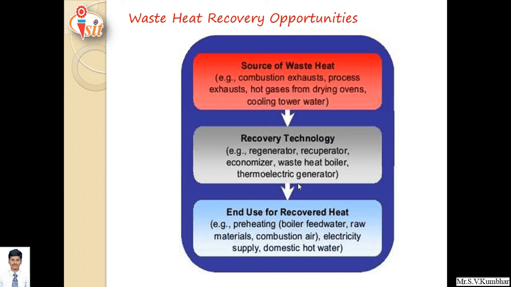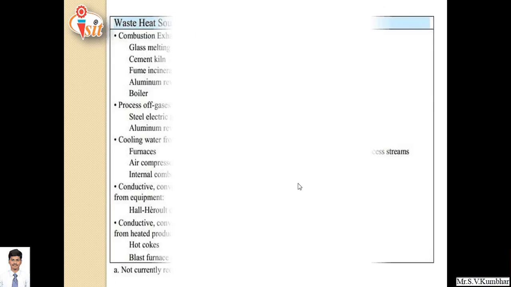After the recovery technology, we have to identify how to use the recovered heat, by using it for preheating, that is boiler feed water, raw material, combustion air, electricity supply, domestic hot water, etc. In this way we can go for heat recovery opportunity.